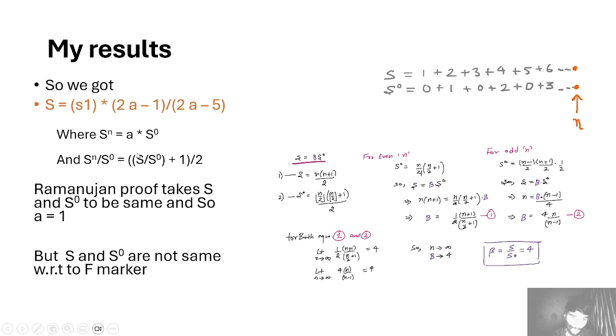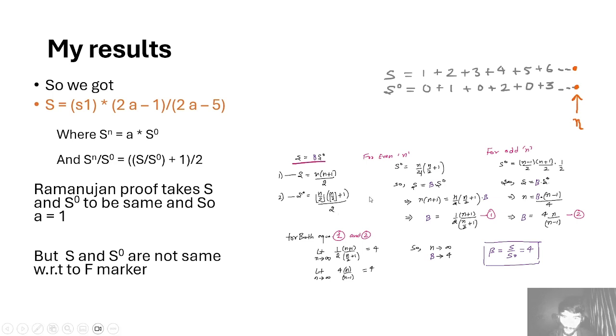Now we must be able to compute S by S naught, and we can. So S is equal to beta times S naught. Here you can write the sum of the first n natural numbers using S. For S naught, for this series you can write this equation.